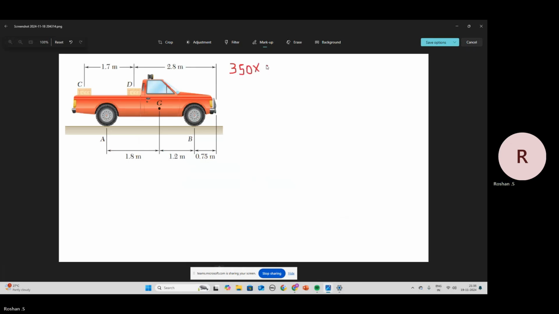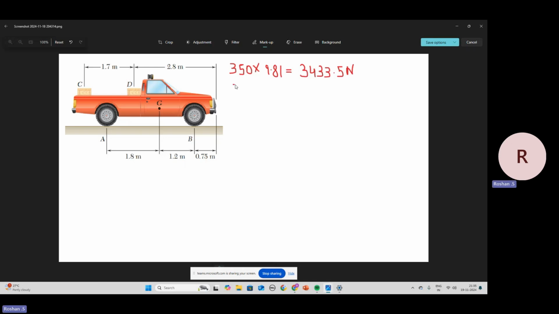into 9.81, we'll get 3,433.5 Newton. On converting this into kilonewton, we move it by 3 decimals.